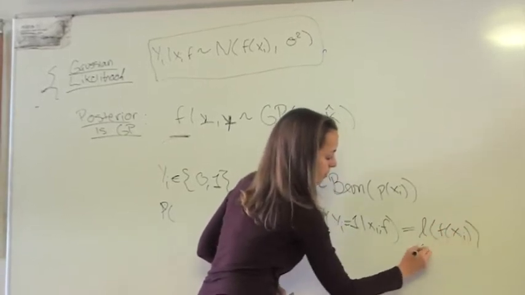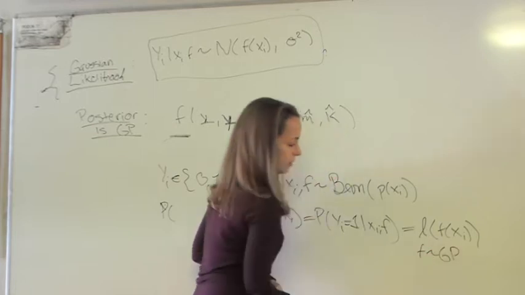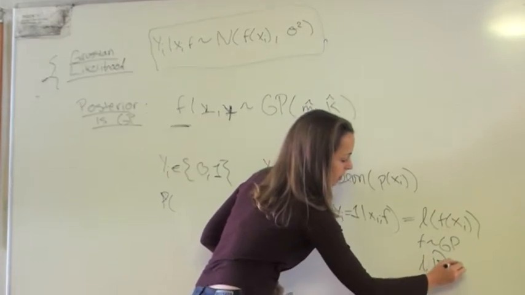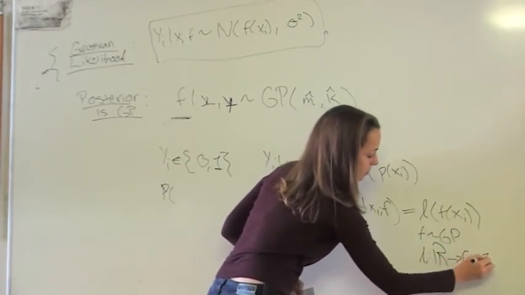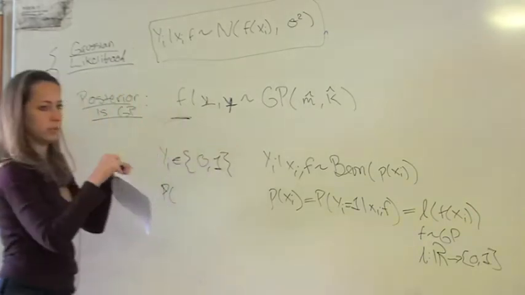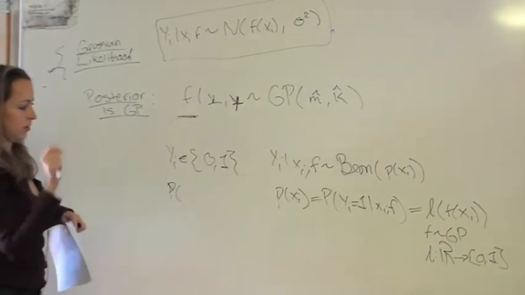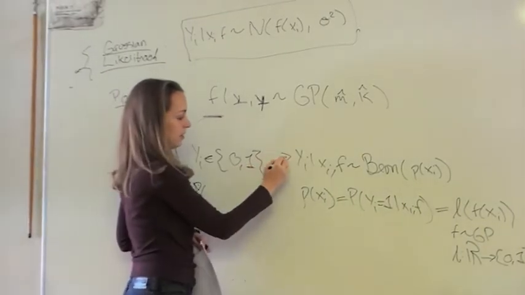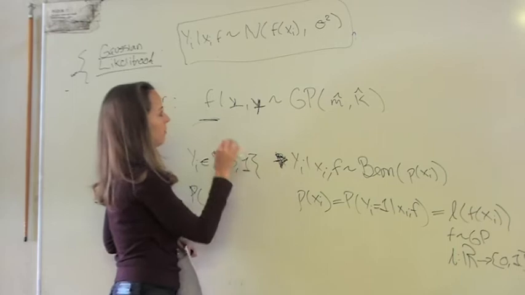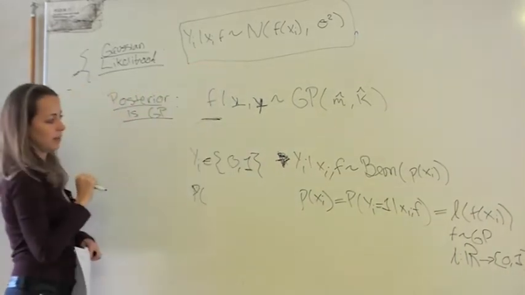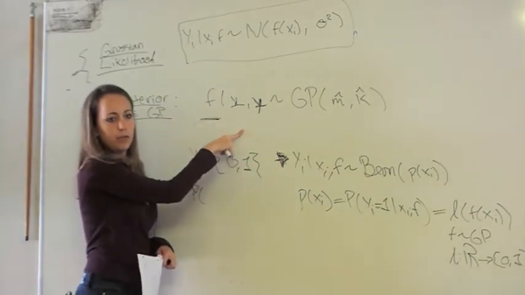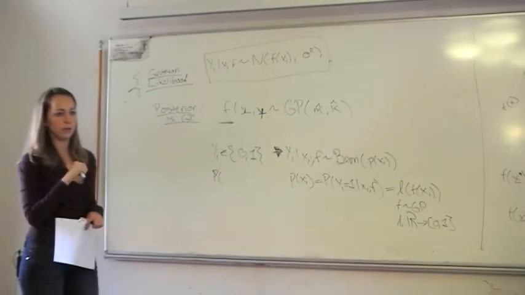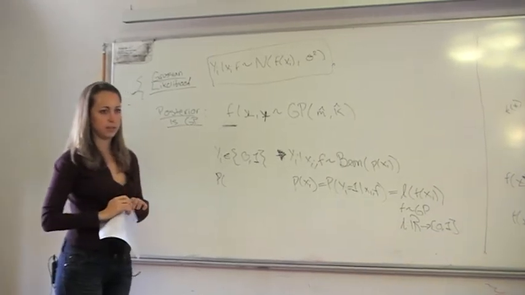So f here is a Gaussian process, and L is just some link function which maps the real line to the interval 0, 1. It just squashes our Gaussian process so that it takes values in 0, 1. If I use this likelihood instead of the Gaussian likelihood, I no longer have this property of conjugacy. So in this case, we need to use sampling methods or some approximation methods.